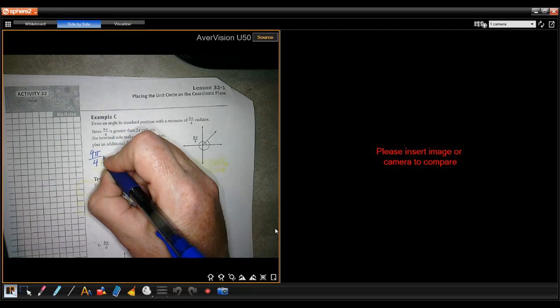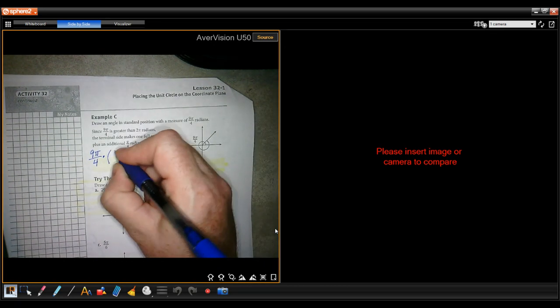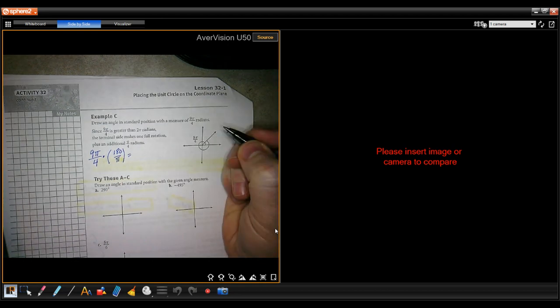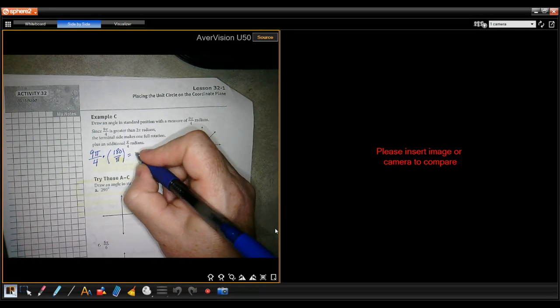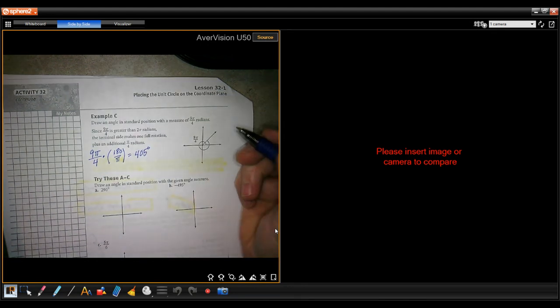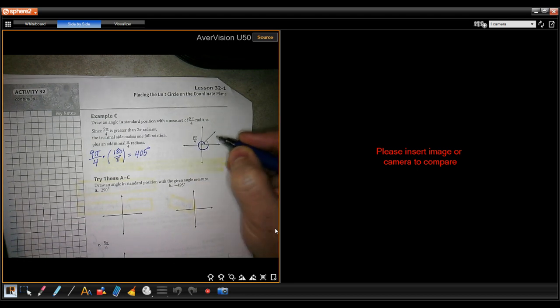So 9 pi over 4 radians, how do we turn that into degrees? You learned in a prior lesson, you multiply by 180 over pi. When you do the math, get your calculator if you have to, that's a 405 degree angle. Like it shows you in the picture, it's going to go around 360 plus how much more?